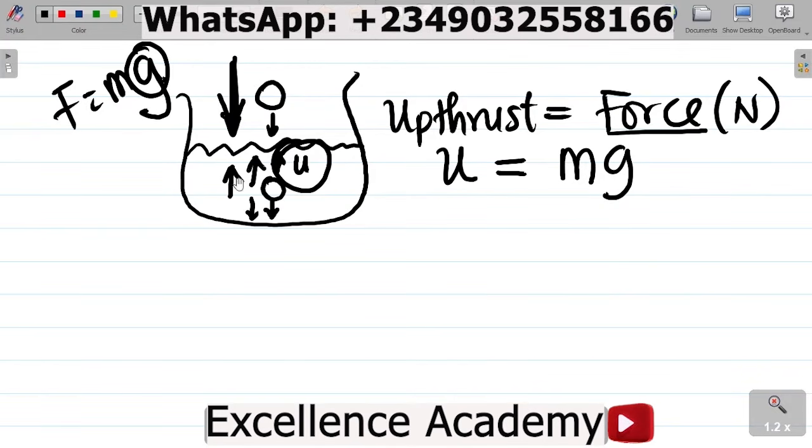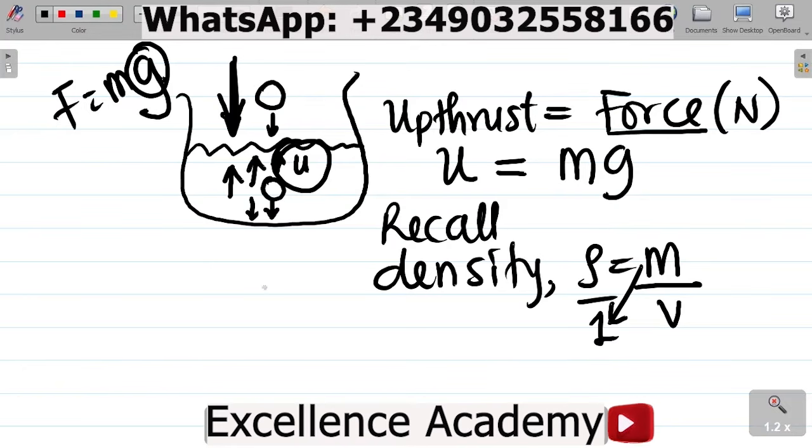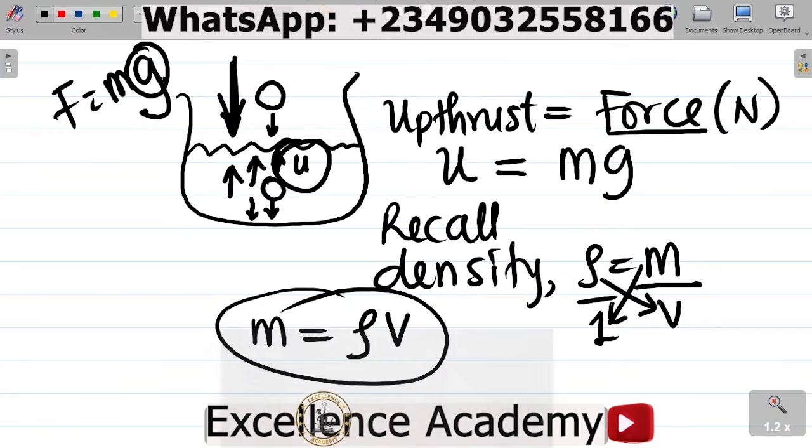Again, because we're dealing with density and liquid here, recall that density, which is rho, is equal to mass over volume. Of course, density is mass per unit volume. From here, if I cross multiply, mass is equal to density times volume. So mass can be expressed as the product of density and volume.